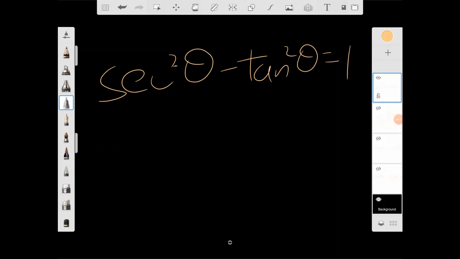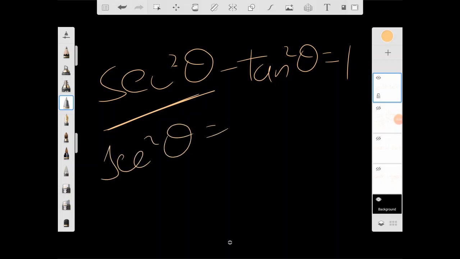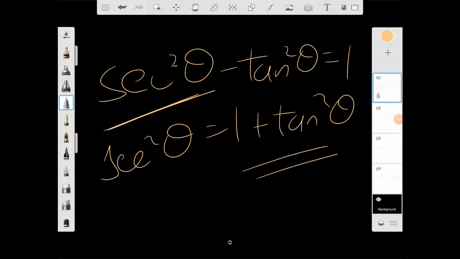This is the second trigonometric identity that you studied. So I have sec, so I can write this as sec squared theta is equal to 1 plus tan squared theta. Guys, write this down, then only you will be able to remember it after the video is over. So I will substitute this in the other one.